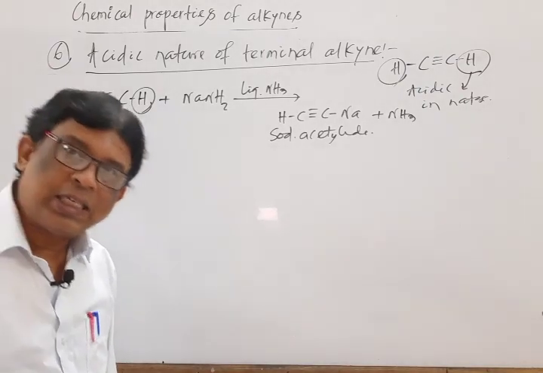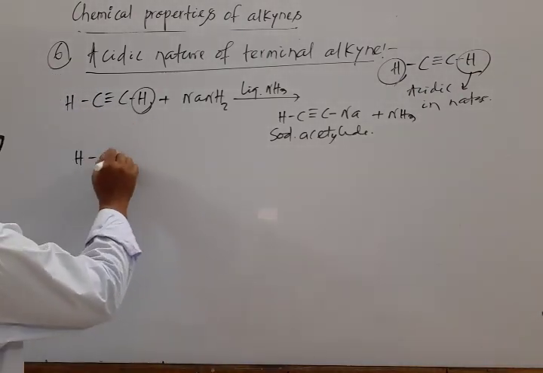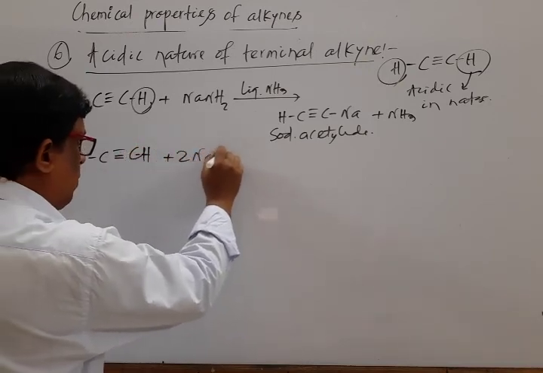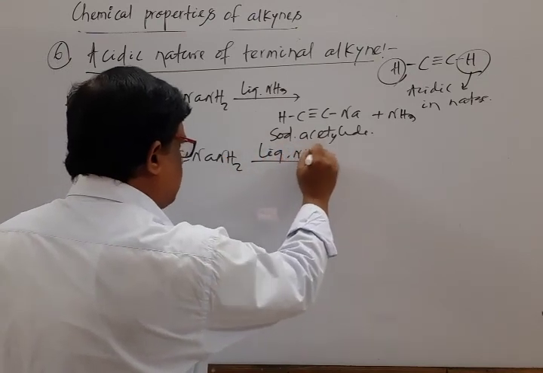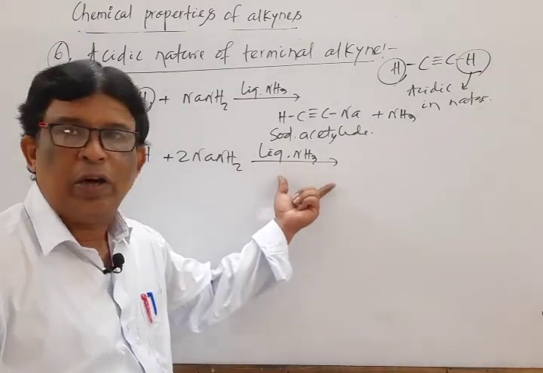If we select excess of sodamide, mark that, then two terminal H are replaced to form disodium acetylide.